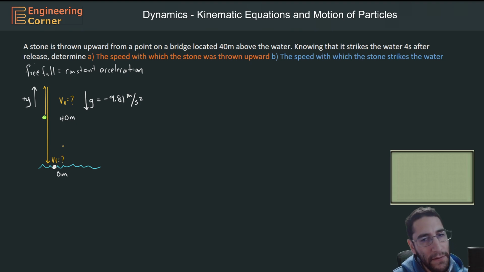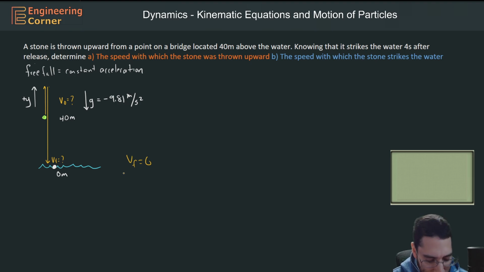Now, the thing about final velocities, I know a lot of times what people want to do is say, oh, it hits the water, its final velocity is equal to 0. No, the final velocity is not equal to 0 in a problem like this, because after it hits, the forces stop it.